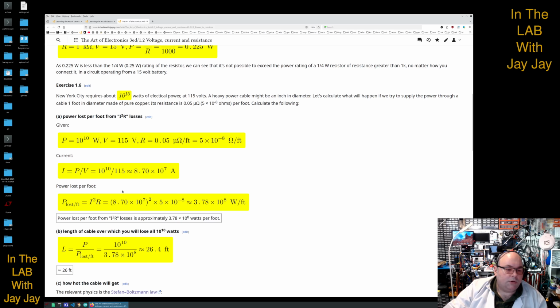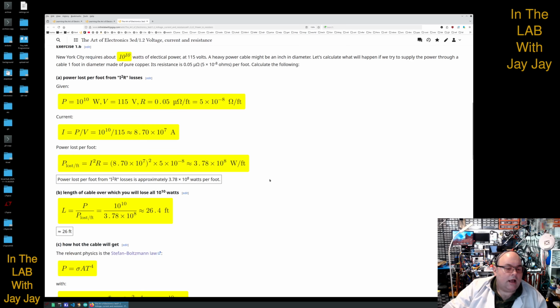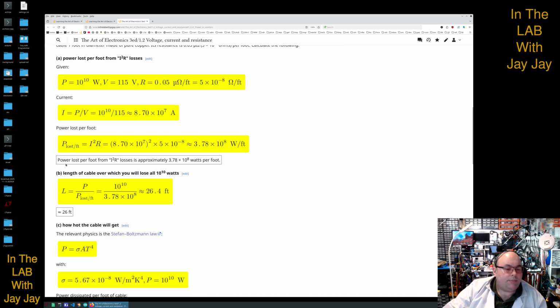The power loss per foot is I squared R, which is 8.7 times 10 to the 7 squared times 5 times 10 to the minus 8, approximately equals 3.78 times 10 to the 8 watts per foot. So the solution is the power lost per foot from I squared R losses is approximately 3.78 times 10 to the 8 watts per foot.